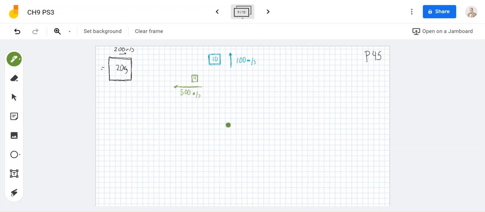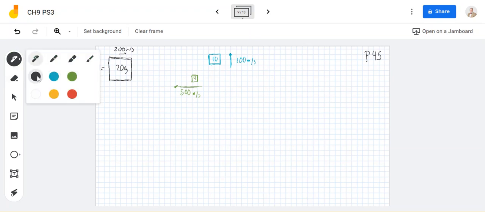Then it says, find the velocity of the third part. Okay, so here's what's interesting. If I think about this, we know the total momentum before has to equal the total momentum after. So let's draw some momentum vectors here.